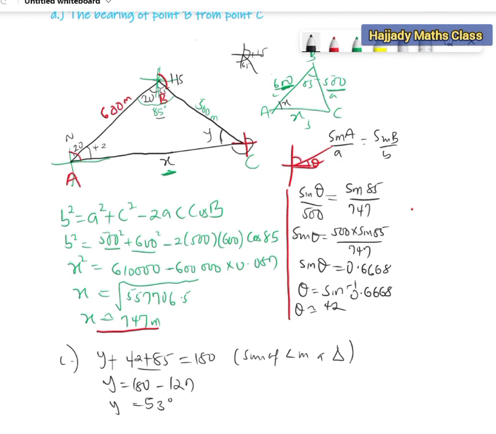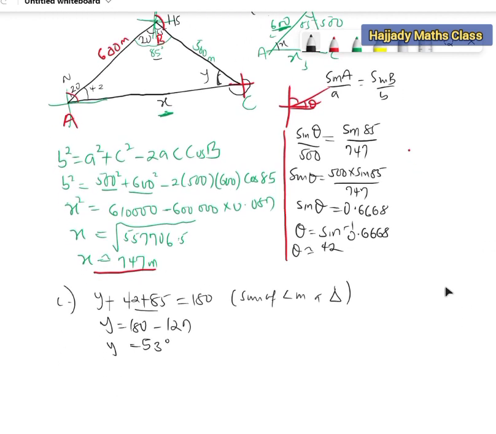Since my y is 53 degrees and everything here is 360, for me to get the angle, if this is 65, this place too is 65. Don't forget this place too is 65 because it is alternate angle from here to here. So for me to get my theta, the whole of this to this place is my theta, plus y plus 65 equals 360.